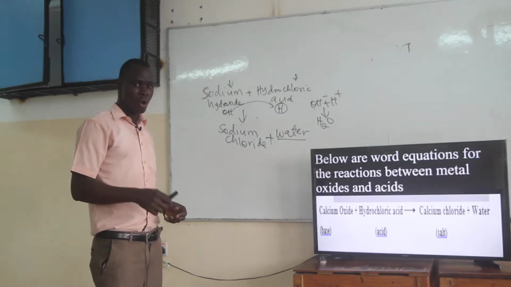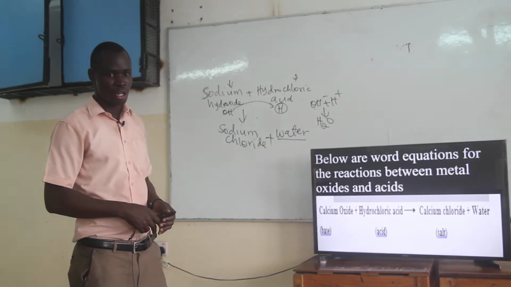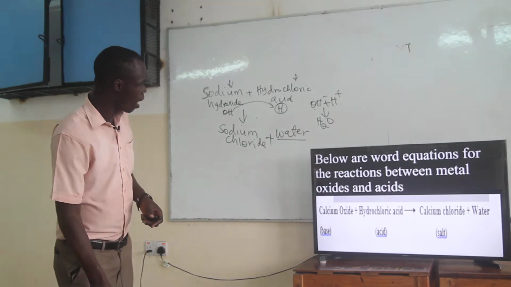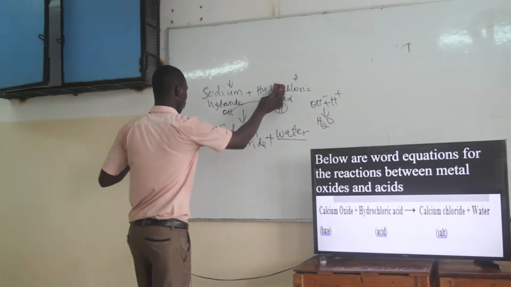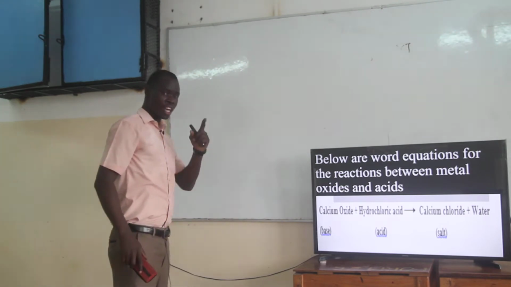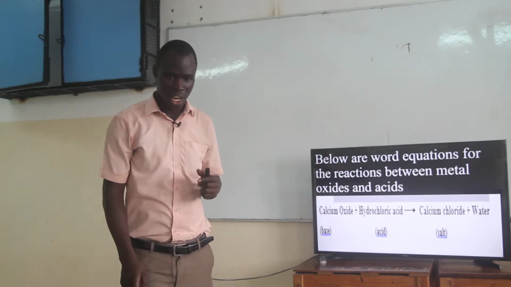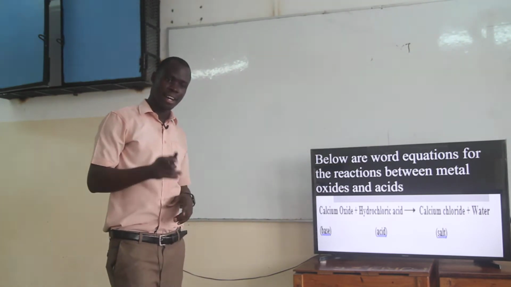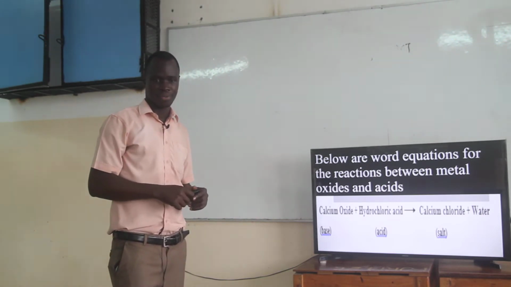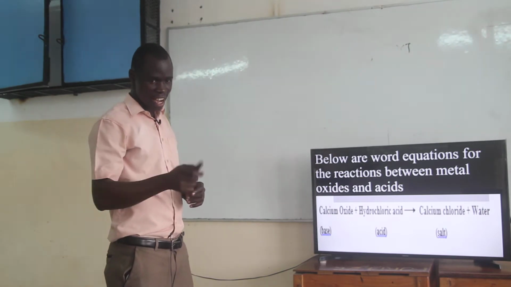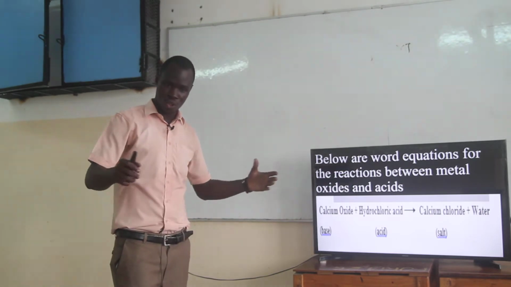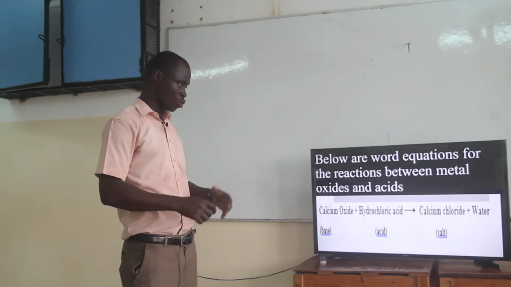Below is an equation for the reaction between metal oxides and acids. Metal oxides are types of bases. All hydroxides are bases or alkalis, but not all oxides are bases, because carbon dioxide is not a base, and sulfur oxide is not a base.